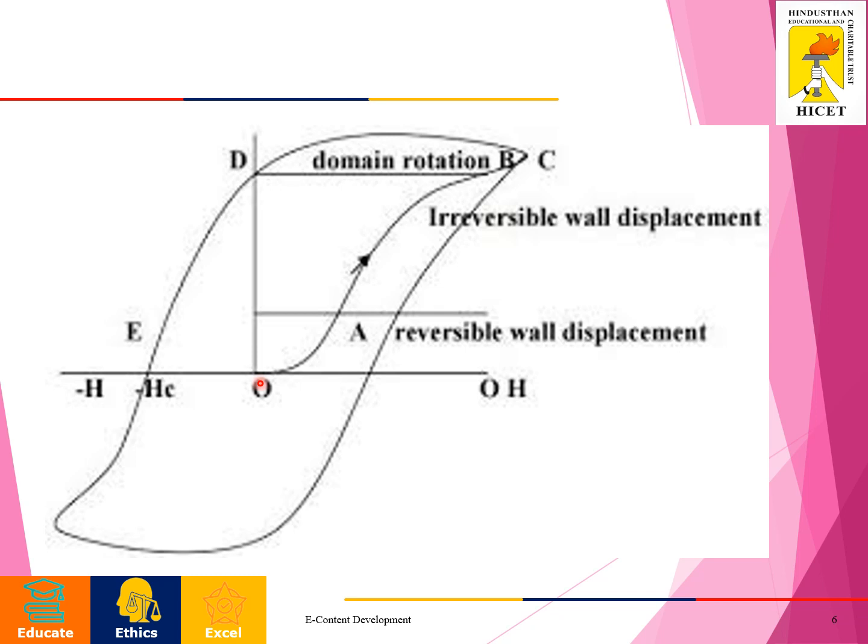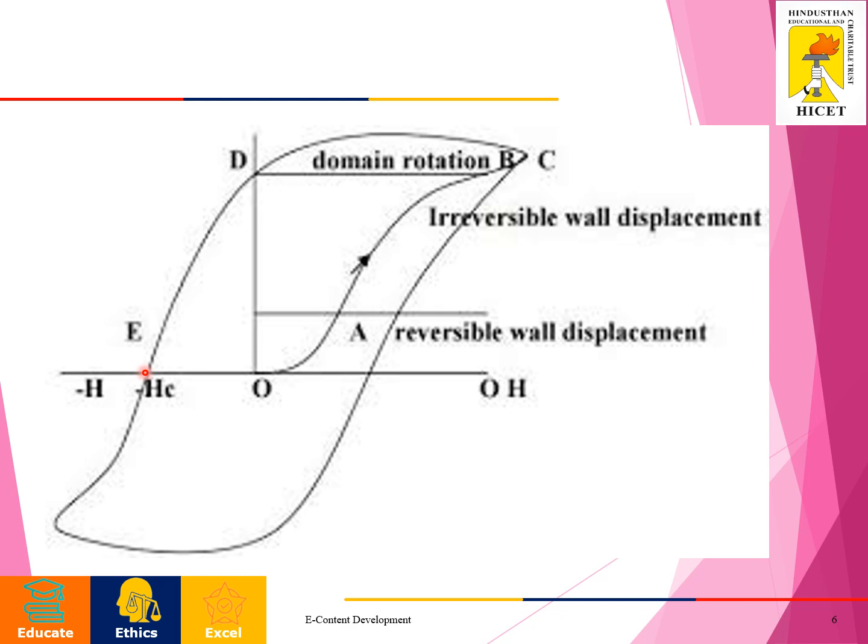But this movement is stopped due to the presence of impurities, lattice imperfections, etc. Therefore, to overcome this, a large reverse magnetic field is applied to the specimen. The amount of field required to reduce the magnetization to zero is called coercivity. It is denoted by OE.